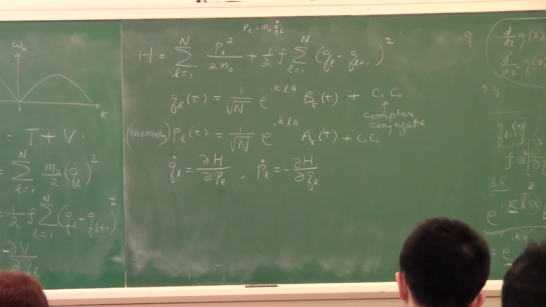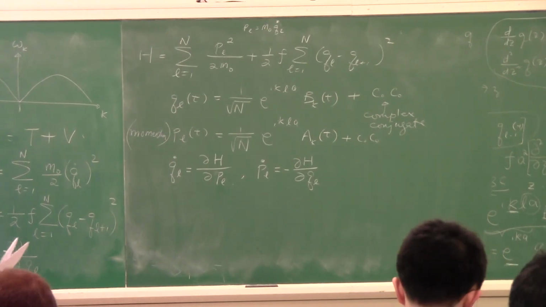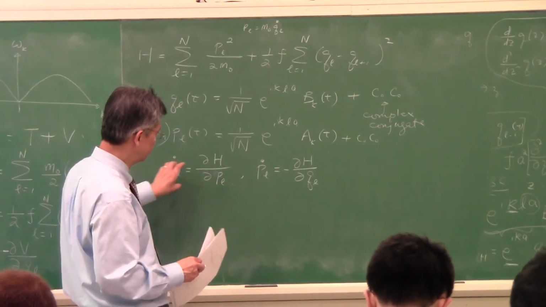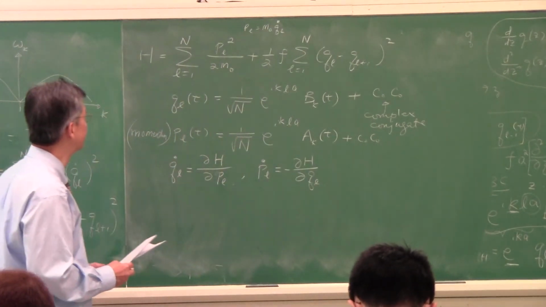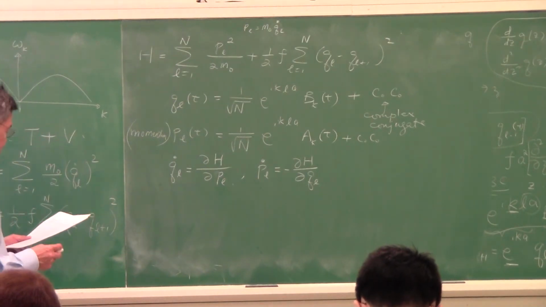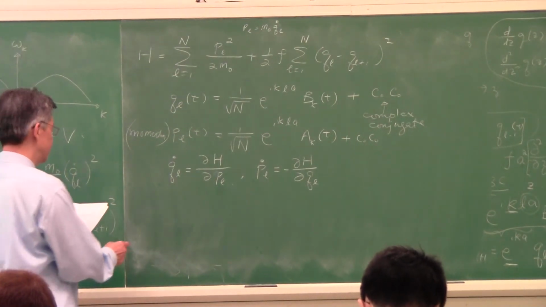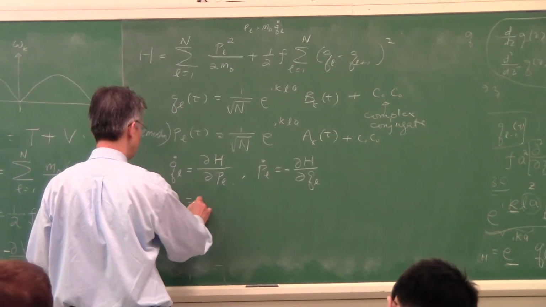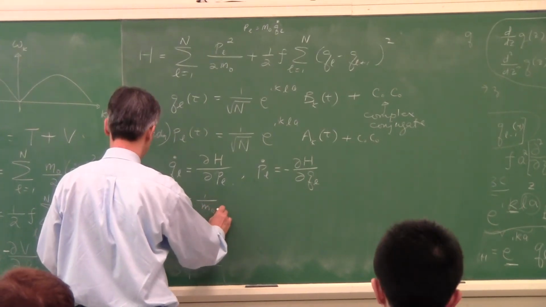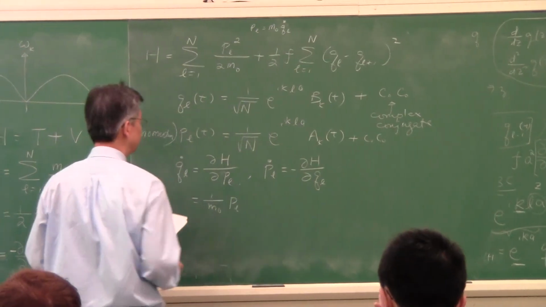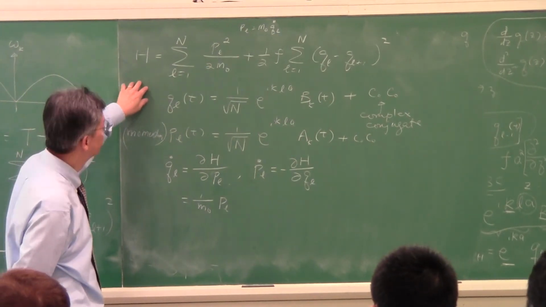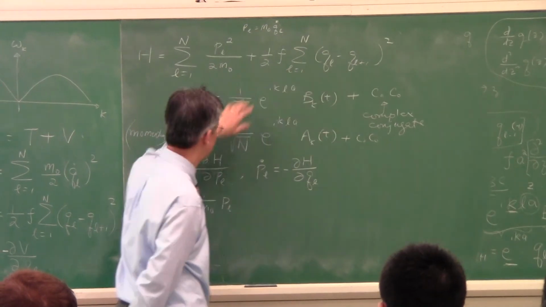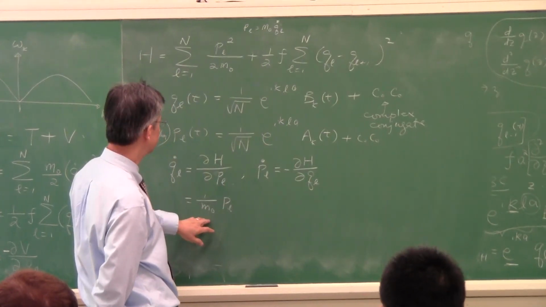So the time derivative of this variable is the partial H over partial PL, and the time derivative of this variable is equal to that over there. By applying this, you can show that this becomes something like 1 over M0 PL. We take the derivative with respect to PL, assuming that these two are independent variables, and we get the first equation of motion.